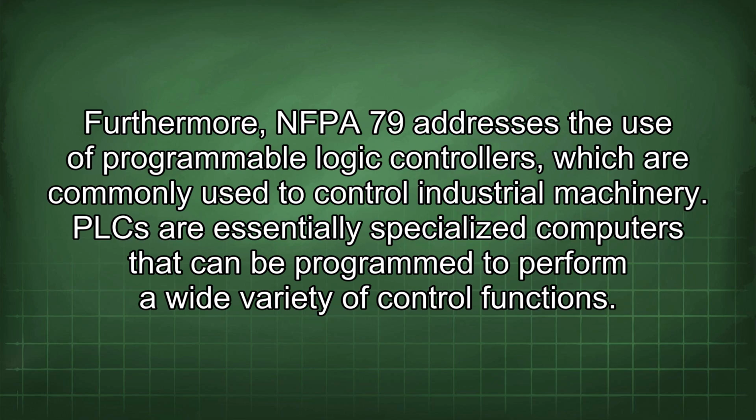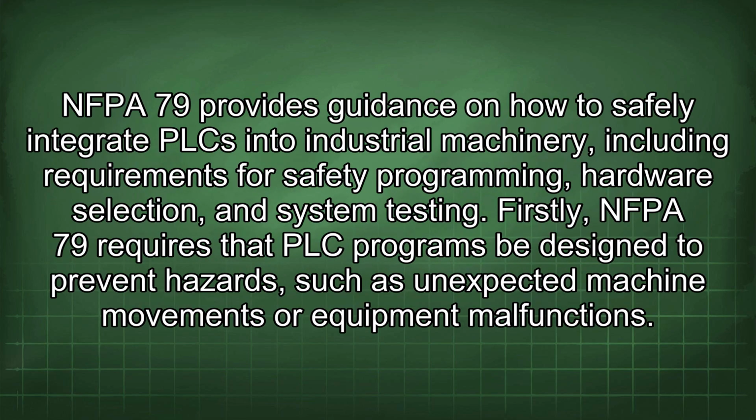Furthermore, NFPA 79 addresses the use of programmable logic controllers, which are commonly used to control industrial machinery. PLCs are essentially specialized computers that can be programmed to perform a wide variety of control functions. NFPA 79 provides guidance on how to safely integrate PLCs into industrial machinery, including requirements for safety programming, hardware selection, and system testing.